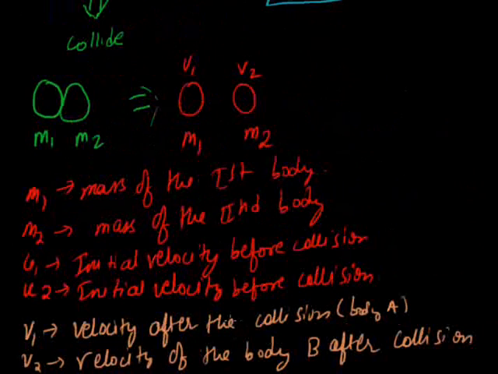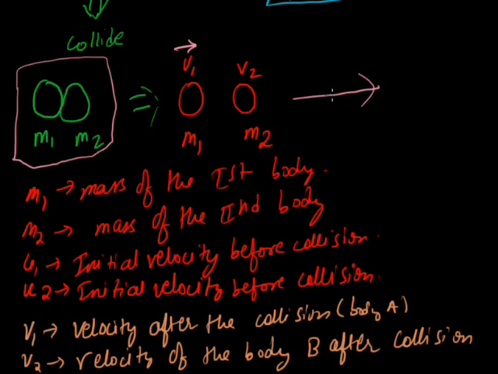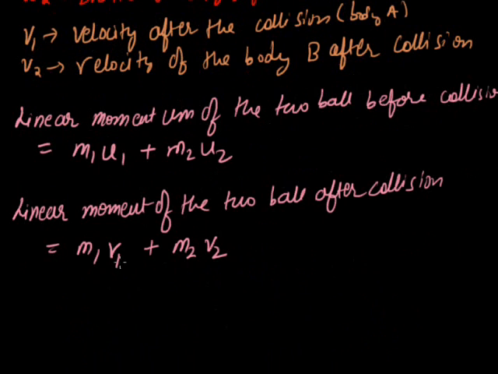After the collision, this body is suppose moving with some velocity v1 in this direction, and this body is also moving in this direction. So m1 into v1 plus m2 into v2 is the momentum after the collision.